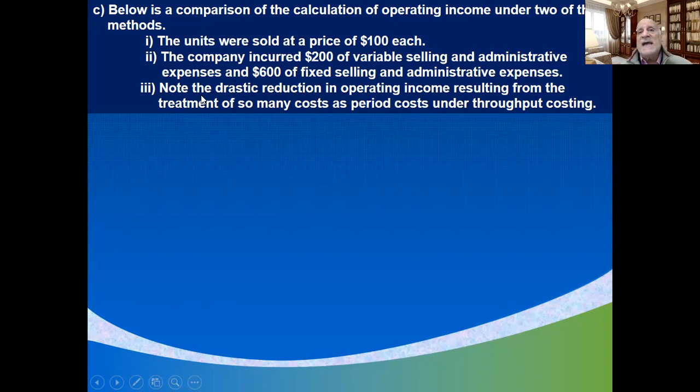Note the dramatic reduction in operating income resulting from the treatment of so many costs as period costs under throughput costing.